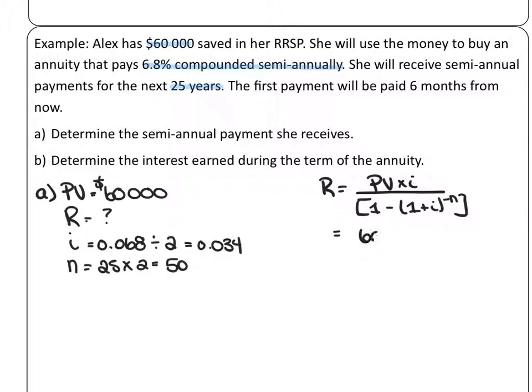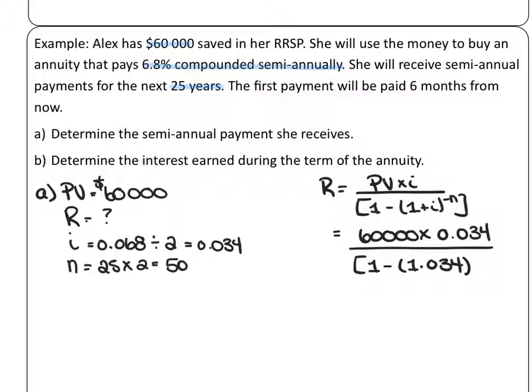So 60,000 times 0.034 is on top, and on the bottom, 1 plus 0.034, so I'm just going to add it right now. Sometimes I like to skip that step. Minus 50. Let's deal with the top, deal with the bottom, and then we will divide.